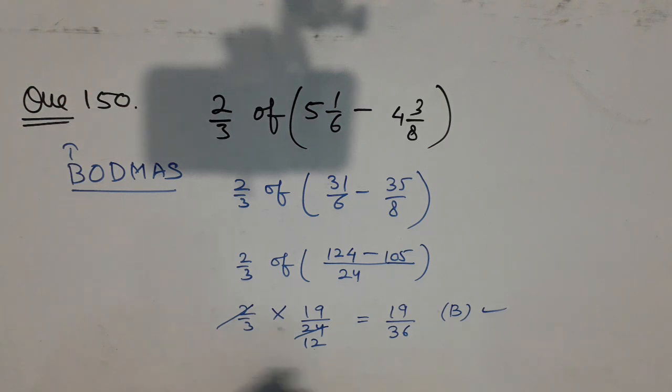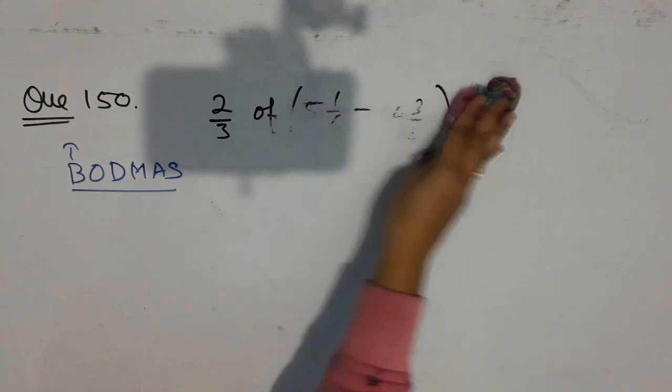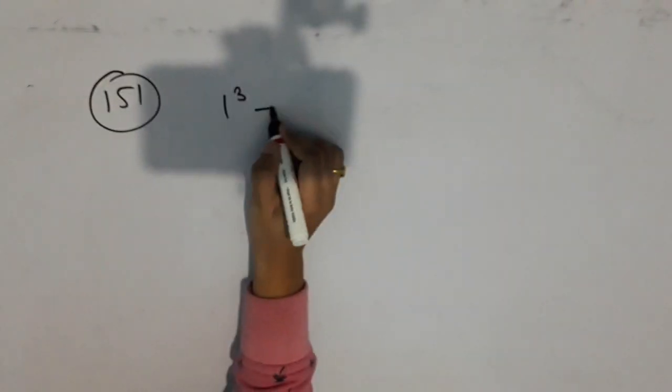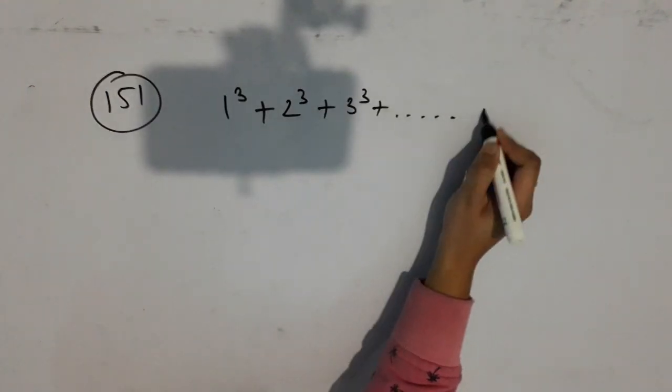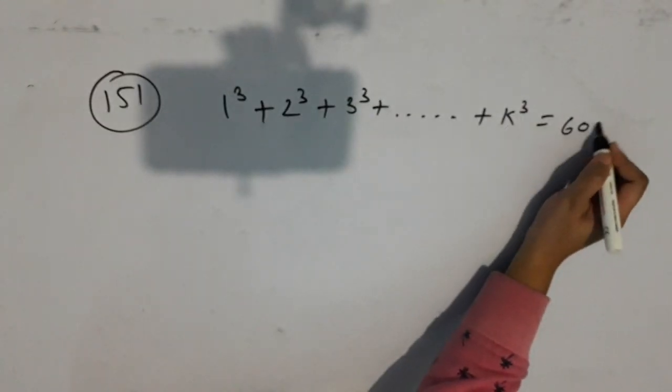Let's move on to the next question. Next question is 151, and the 151 question says 1 cube plus 2 cube plus 3 cube plus dot dot k cube is equal to 6084.